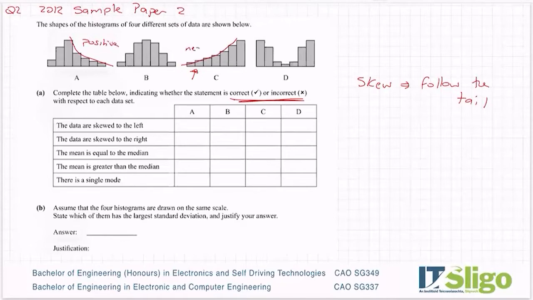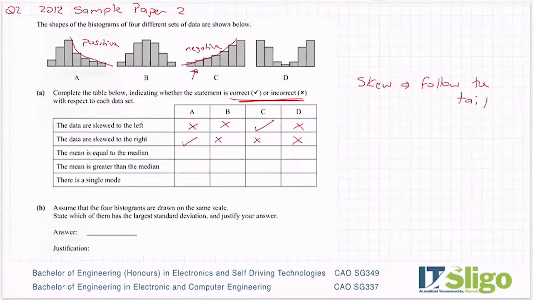Okay, and this is what we call a negative tail or skewed to the left. Okay, so follow the tail for the skew. So C is the only one that is skewed to the left. Okay, skewed to the right then is A, like we just said.